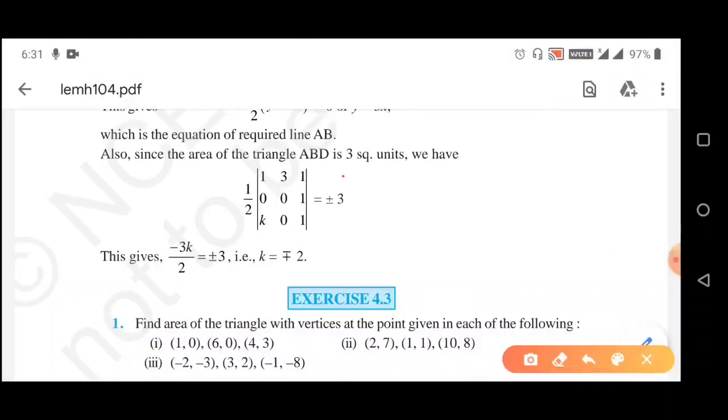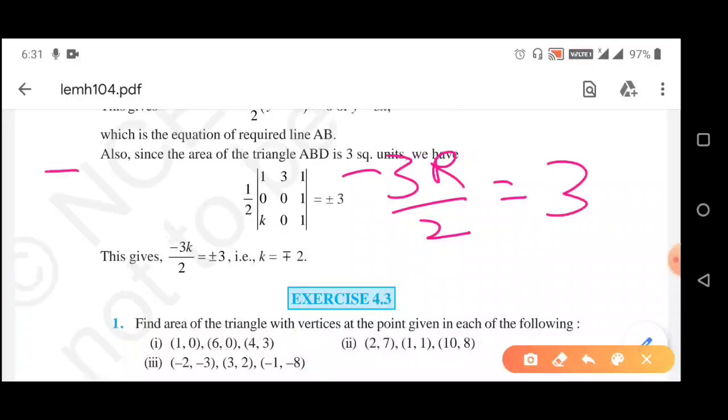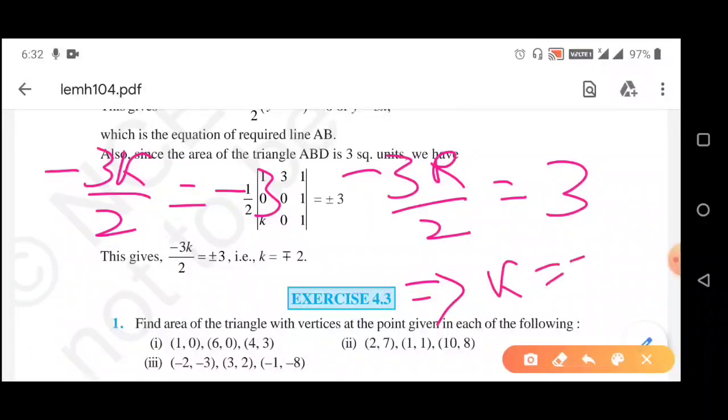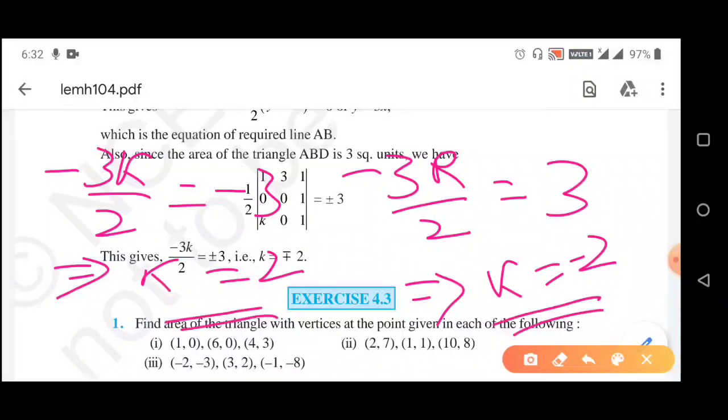We will take minus 3k by 2 is equal to plus 3 and minus 3k by 2 is equal to minus 3. Now from here we will get k is equal to minus 2, and from here we will get k is equal to plus 2. So the value of k will be 2 and minus 2.